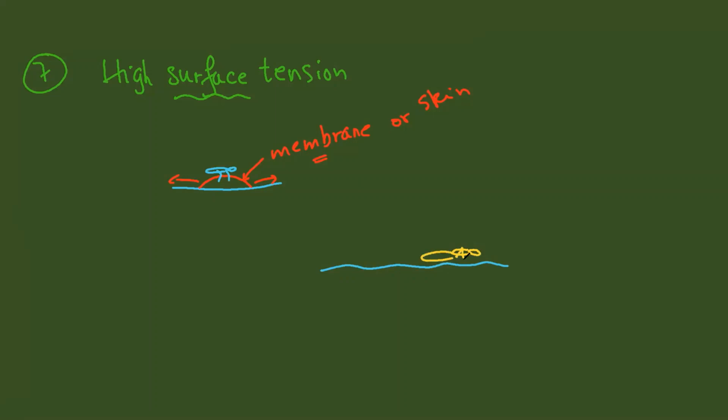It stands on water and lays eggs on the surface of water. Even when the eggs hatch, the larvae are suspended in water, as if there is something on which they can stand. And this is called the surface tension. You can never see this high surface tension for other liquids.